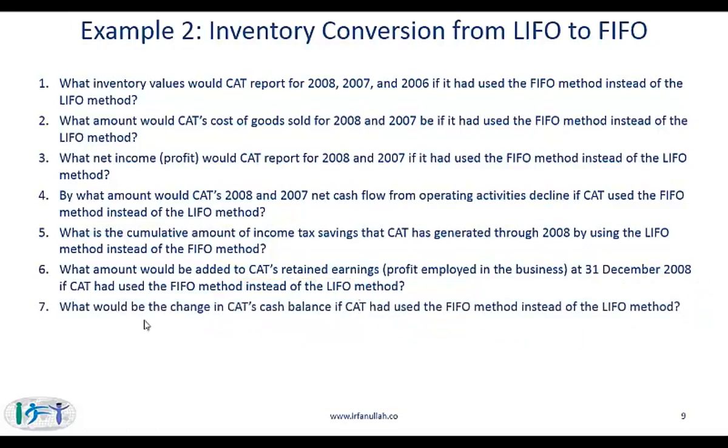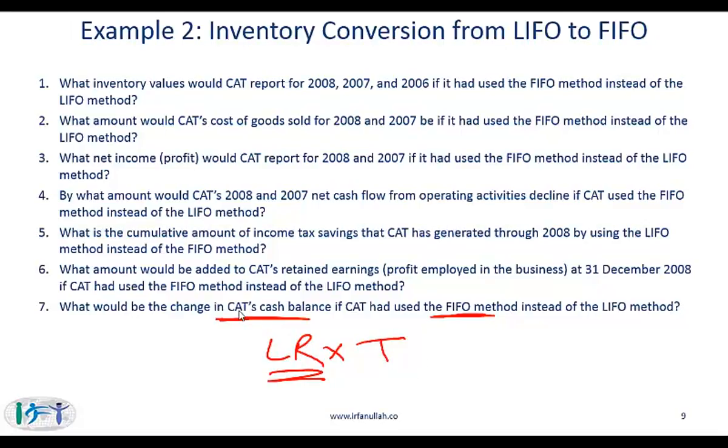Next point. What would be the change in the cash balance if Caterpillar had used the FIFO method instead of the LIFO method? All we are saying here is that the change in cash balance would be based on the additional taxes paid, and the total amount of additional taxes paid would be equal to the LIFO reserve times the tax rate.